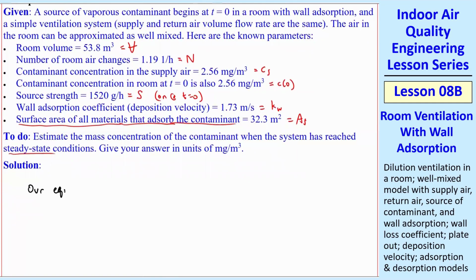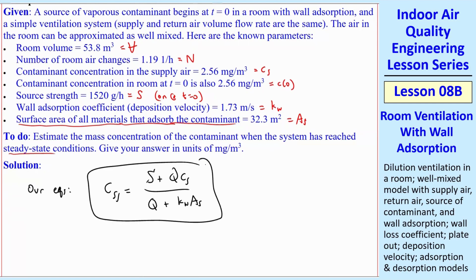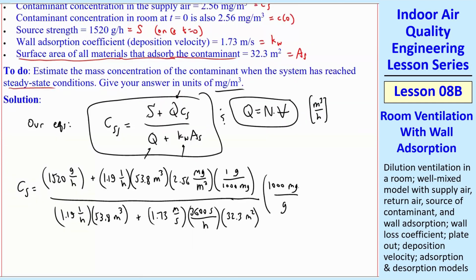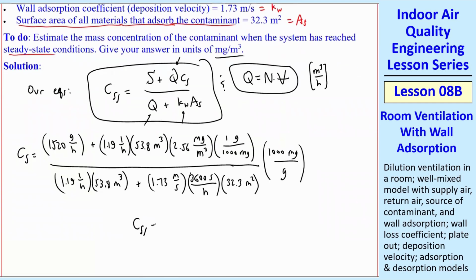Our equation, CSS equals (S plus Q CS)/(Q plus KW AS). So that's our answer in variable form. The only other thing I need to do is plug in that Q is equal to N times V by the definition of number of room air changes. And when you plug everything in, CSS equals, to 3 digits, 7.55 milligrams per meter cubed.